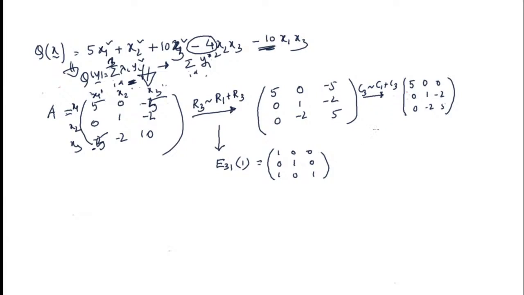And here, if you pre-multiply by this matrix E31, sorry, for the column operation it is the transpose of this matrix.